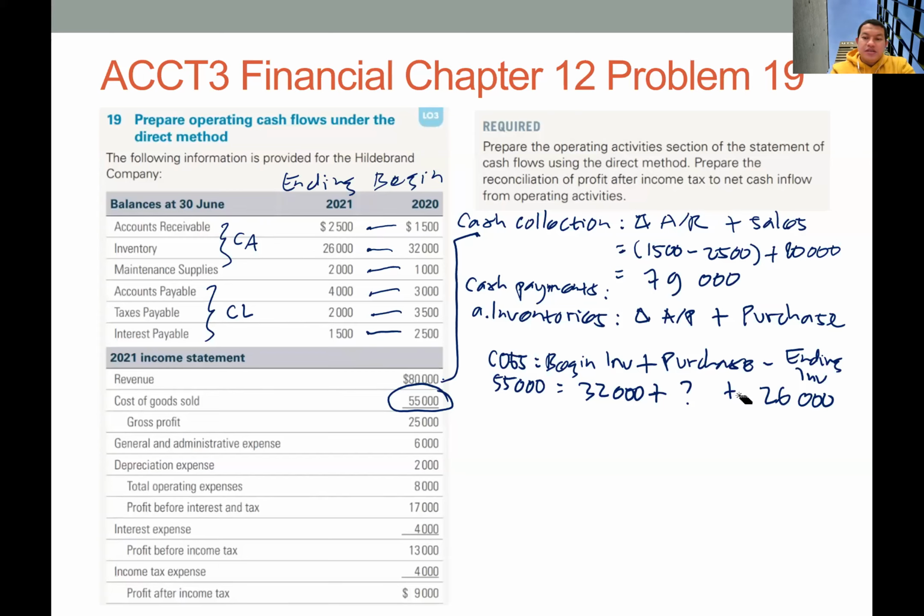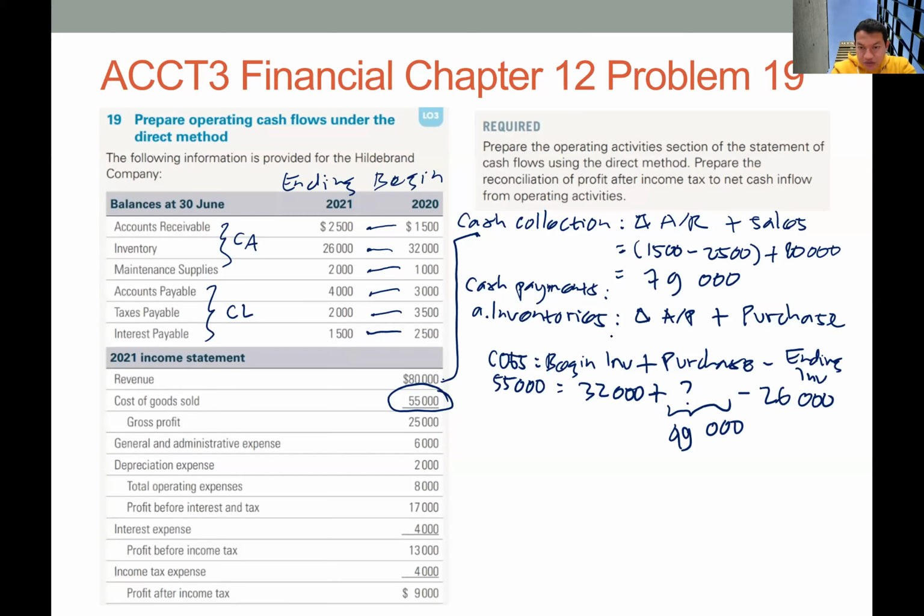Oh, sorry, it should be minus. So 32,000 minus 26,000 is 6,000. So 55 minus 6,000, we will get 49,000. So the purchase is 49,000.